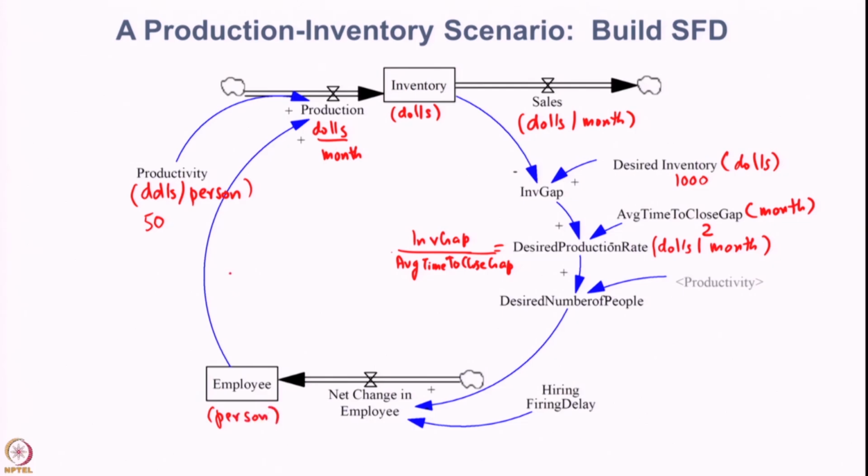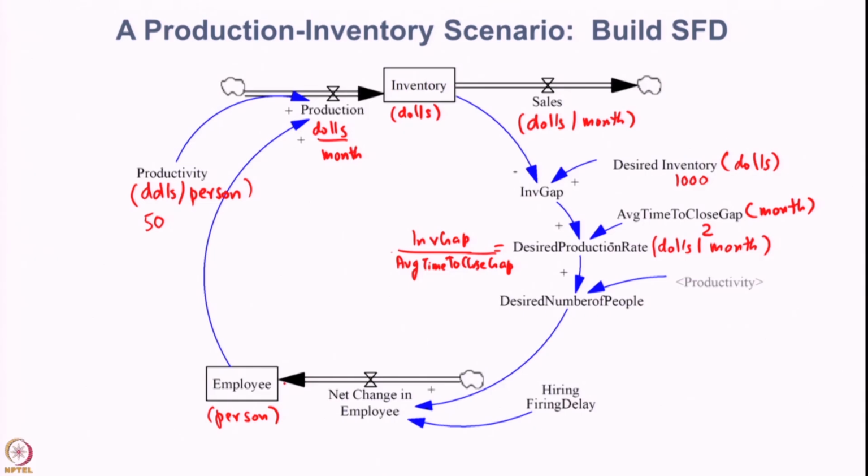Thus, production is nothing but productivity times employees. But if we do that, you can see that the unit of production is actually just dolls. Dolls per person, production defined as productivity multiplied by the number of employees, then the units are not going to match.